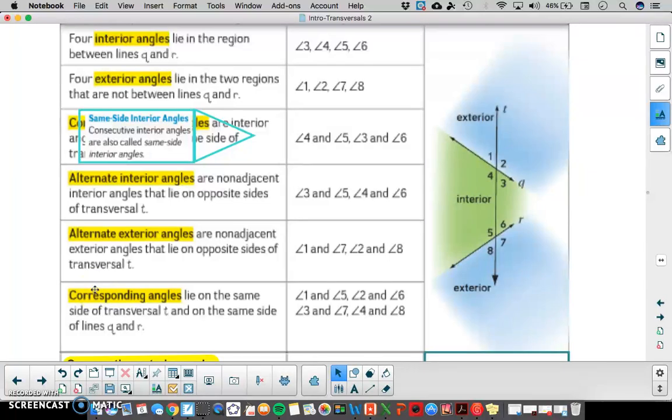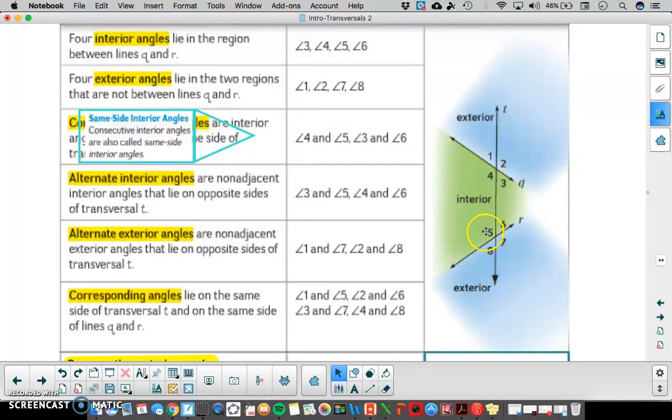Corresponding angles lie on the same side of the transversal and on the same side of lines that are being crossed. They're in the same position. So notice that angle 1 is in the upper left-hand position of its set of angles here. If I go to the other set of angles here, the one in the upper left position is angle 5.